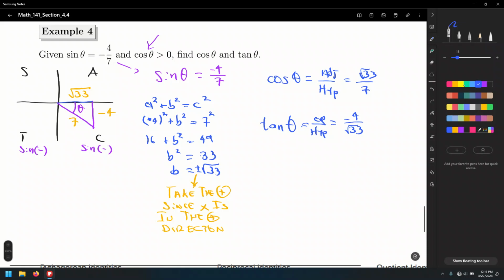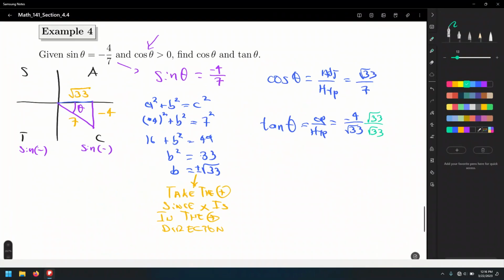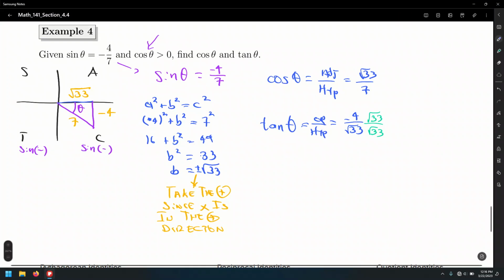So how about we rationalize the denominator by multiplying numerator and denominator by the square root of 33. Well, that's -4 root of 33 divided by just 33. And that's the final answer for this example.